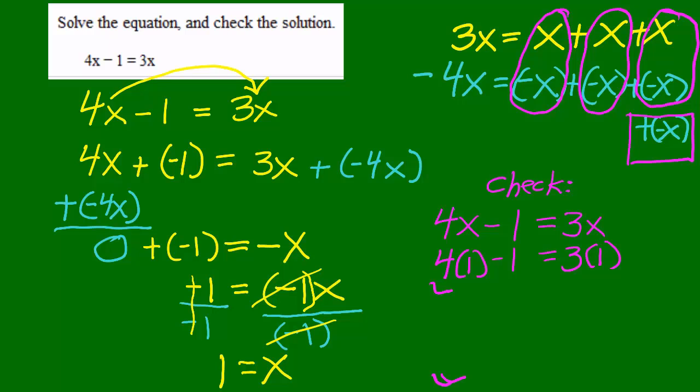Well, 4 times 1 is 4. 4 minus 1 equals 3 times 1, which is 3. Well, 3 equals 3, and that's true. So that means that x equals 1 is the correct answer.